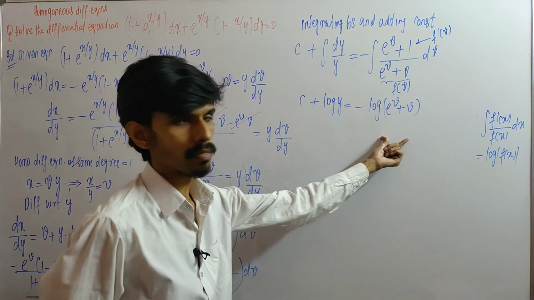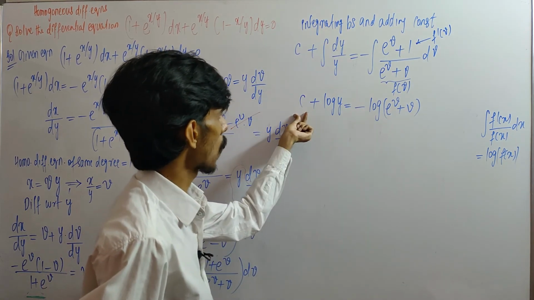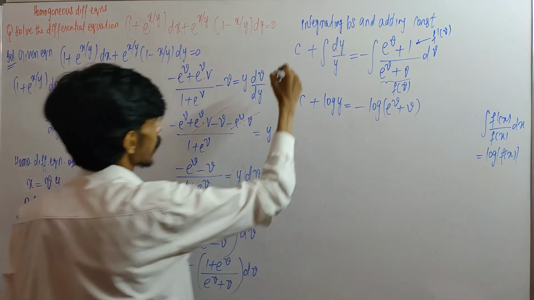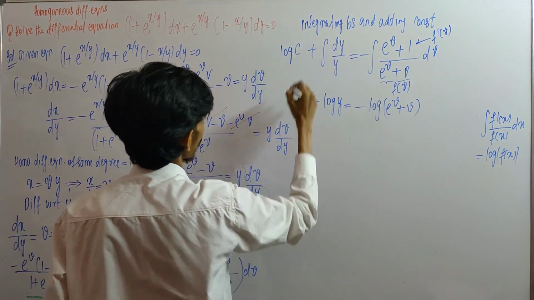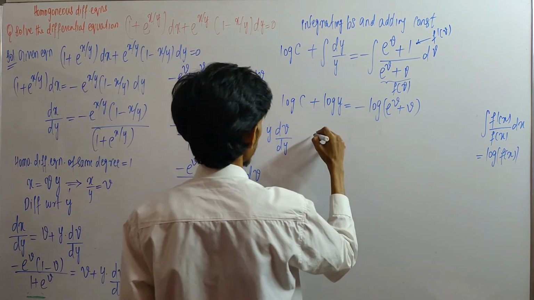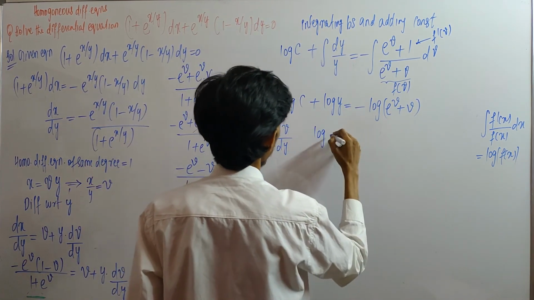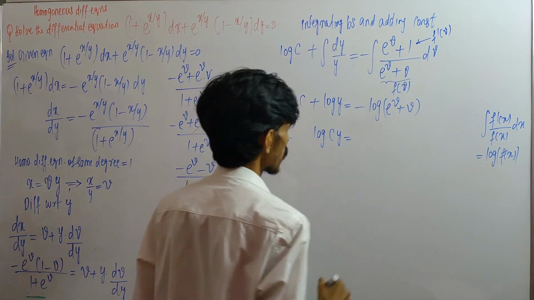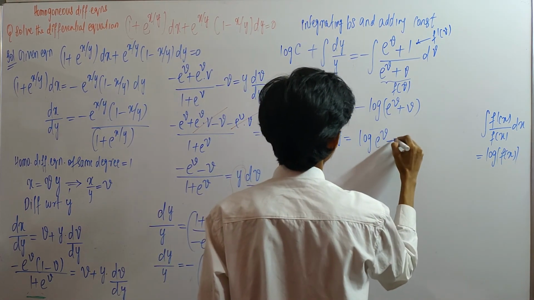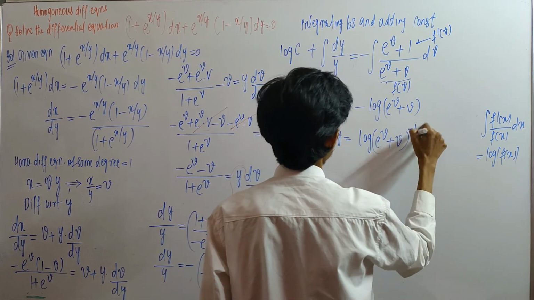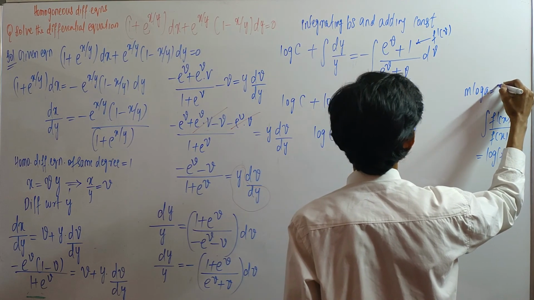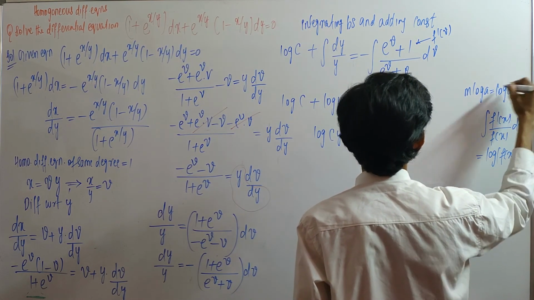Now here we have log term, so this constant must be a log constant. So I should take log c here. Log a plus log b value is log ab, so log c into y, log cy is equal to log of e power of v plus v whole power of minus 1, since m log a value is log a power of m.